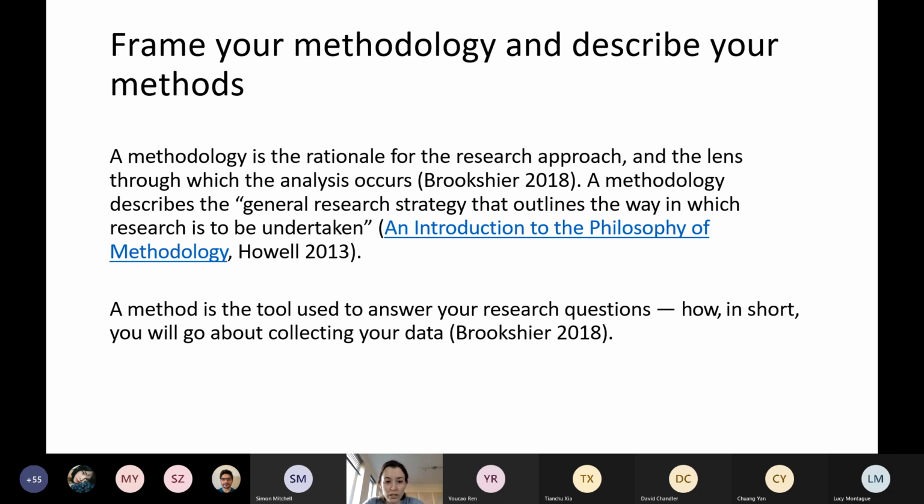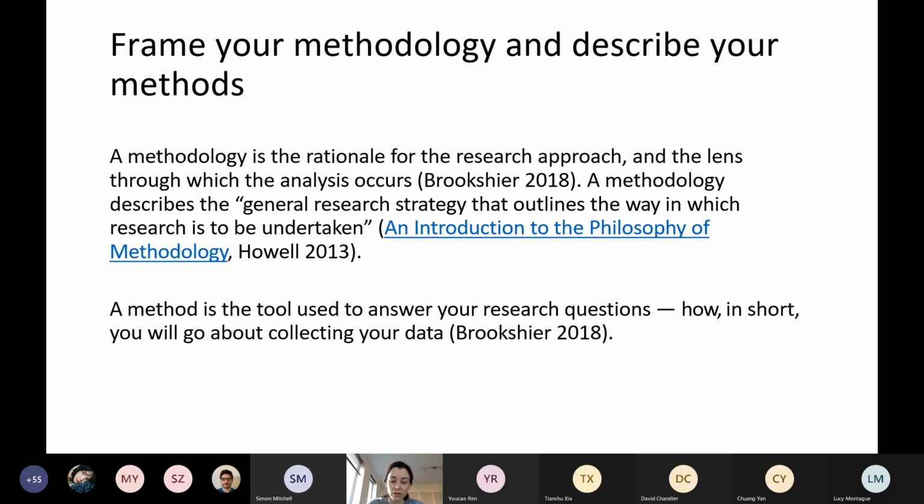The methodology is the rationale for your research. It's the theoretical background of your research, and it's the lens through which you approach your research. Let's call it a general research strategy that outlines the way in which you undertake your research.